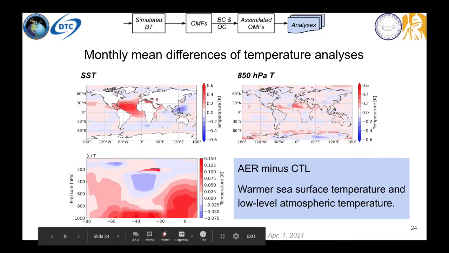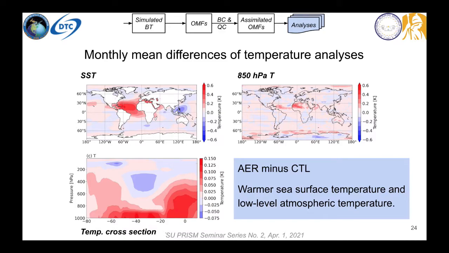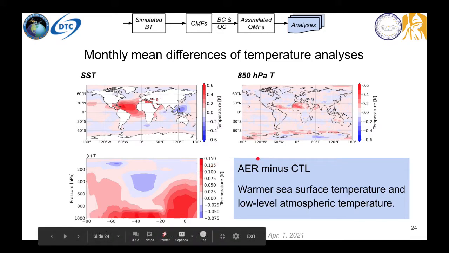So on average overall, for most IR sensors, AER does assimilate more observations than the control run, except for the AVHRR and the CrIS sensors.